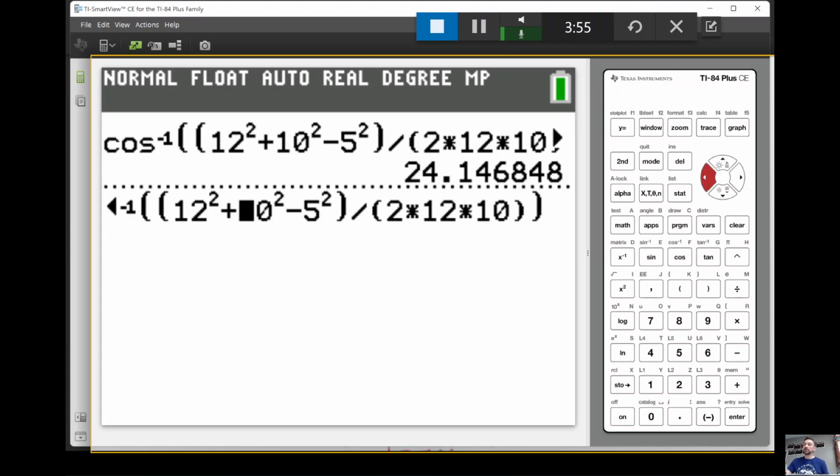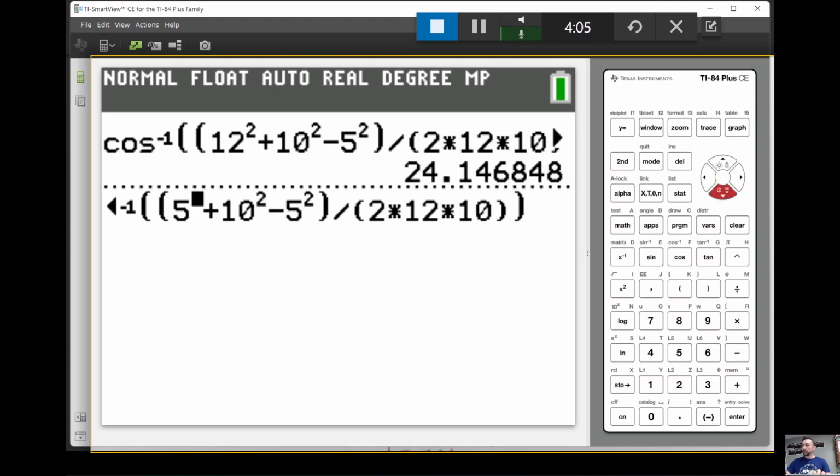So to find angle B, it should be A squared plus C squared minus B squared all over 2 times A times C. Okay, so I'm living a little bit dangerous here by not writing it out first, but I'm also flipping back and forth between different screens.